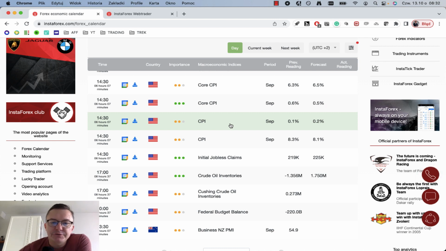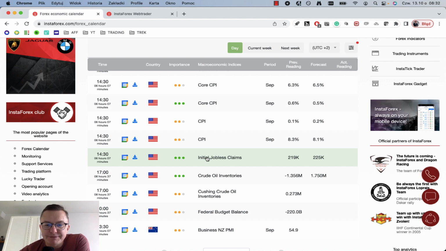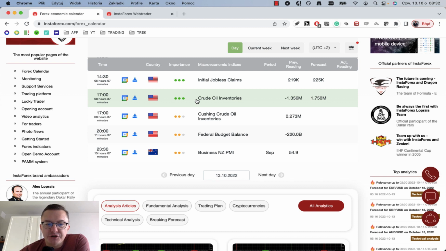The key data releases are the core CPI from the US, scheduled for release at 2:30, CPI and initial jobless claims. As you can see, core CPI is expected to decrease for the month of September from 0.6% to 0.5%. Crude oil inventories are scheduled for release at 5 p.m. This is of course for all of you crude oil traders.